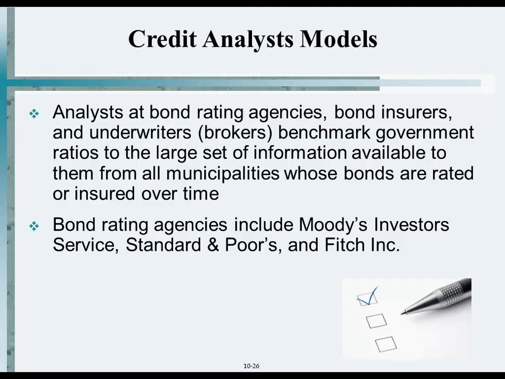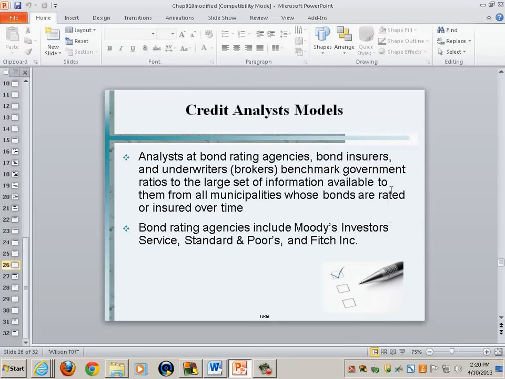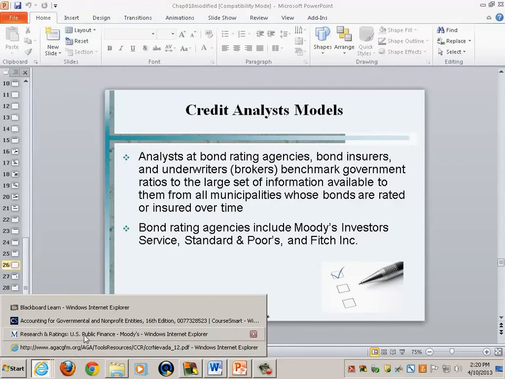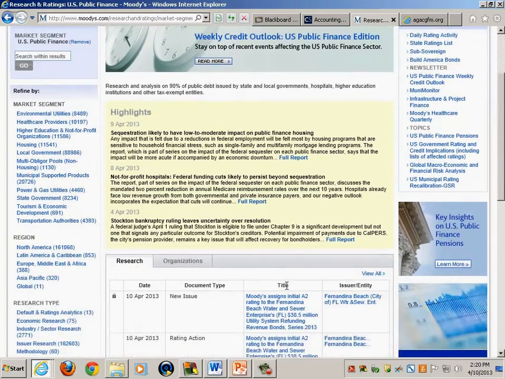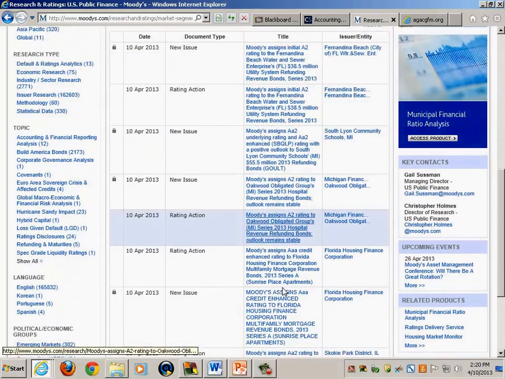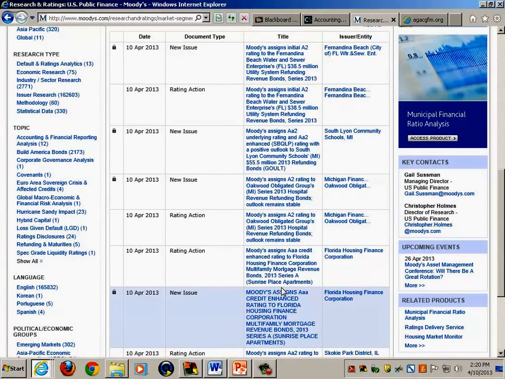It starts from AAA. I think the last investment grade is BAA, okay, for bonds themselves. And each day, for instance, I was just looking at it before the class, Moody's, through their U.S. Public Finance Group, it's a huge group, issues the ratings on the different issues.